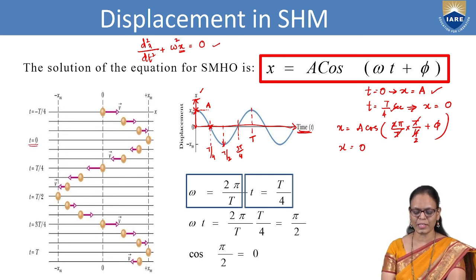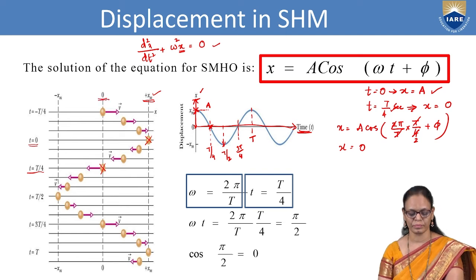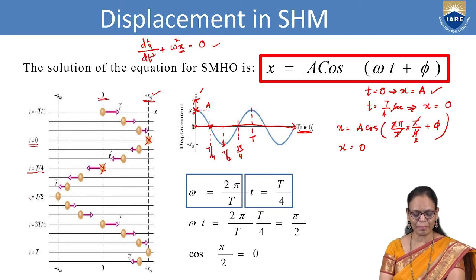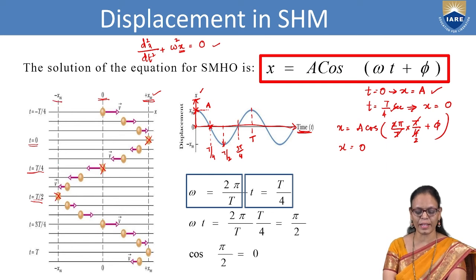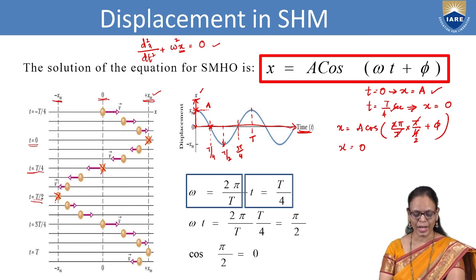At time t is equal to 0, the particle is here, that is at the extreme position, plus xm. Now when we see at time t is equal to T by 4, the particle is at the mean position, this is at 0. Then at time T by 2 seconds, the particle is at the other extreme, minus xm. And at 3T by 4 seconds, it is at the mean position. At T seconds, again, it is at the extreme.